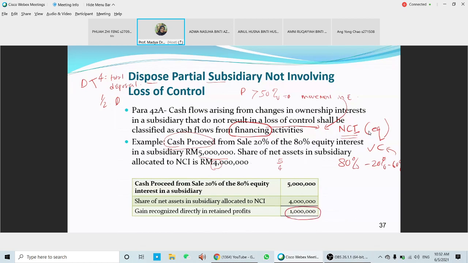The share of the net asset in NCI here is 4 million, so we're going to have a gain here. This gain is going to be recognized directly in the retained earnings. When you have a gain here, you're going to have a positive movement, and the positive movement is recognized in your RE only. There is no cash involved for this one. Only RE. The cash here is only these items.